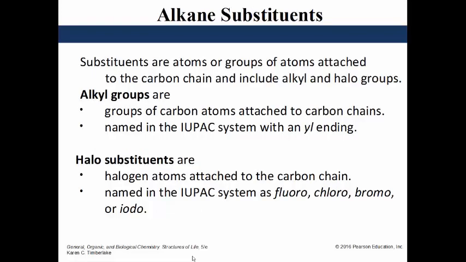Now substituents are atoms or groups of atoms that are attached to the carbon chain and include alkyl or halo groups. Alkyl groups are groups of carbon atoms that are attached to carbon chains, and they're named in the IUPAC system with the ending -yl. Halo substituents are halogen atoms that are attached to the carbon chain and are named in the IUPAC system by adding fluoro, chloro, bromo, or iodo in front of the name.